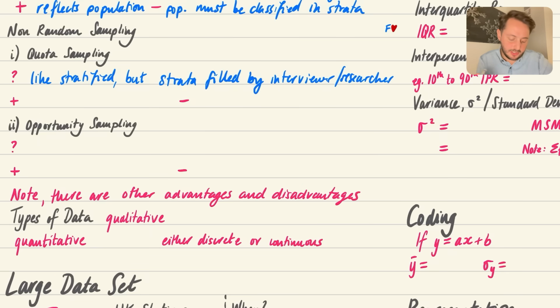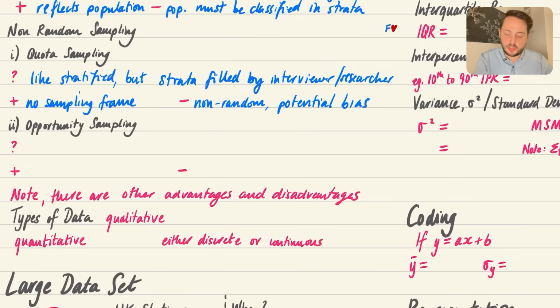So they get filled up in a different kind of way. Now, the advantage of this is that you don't actually need to have a sampling frame. So you might put an advert out to say, we are looking for this type of person. So you don't actually need to know the list of people. You can get them coming to you in a different kind of way. But the disadvantage of this is that it's not random anymore, and so there's some potential bias that there might be.